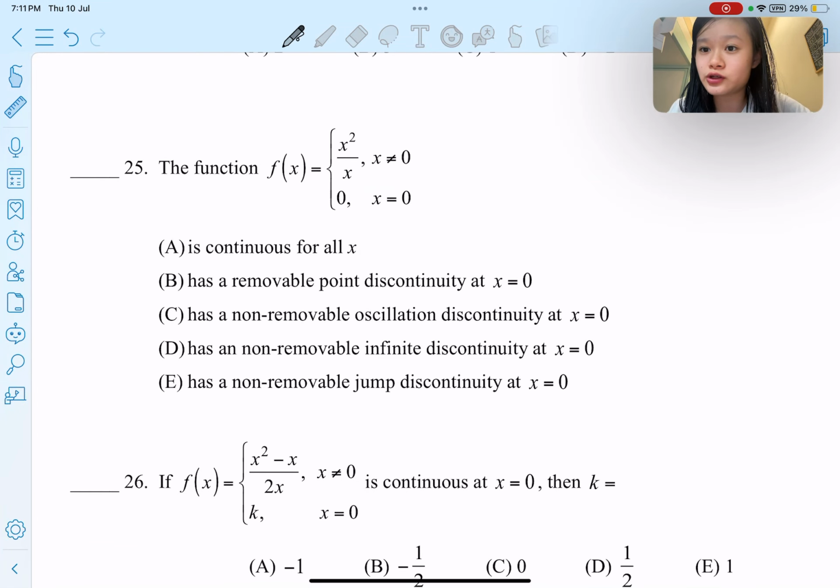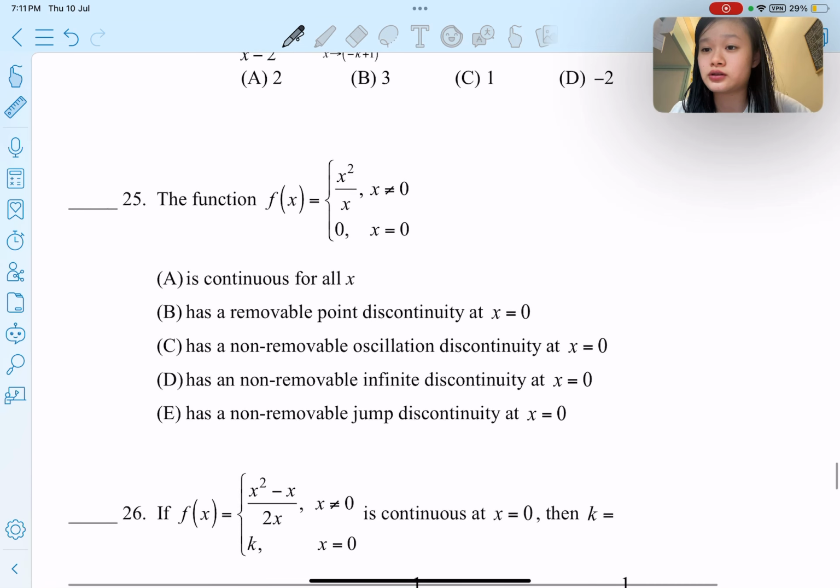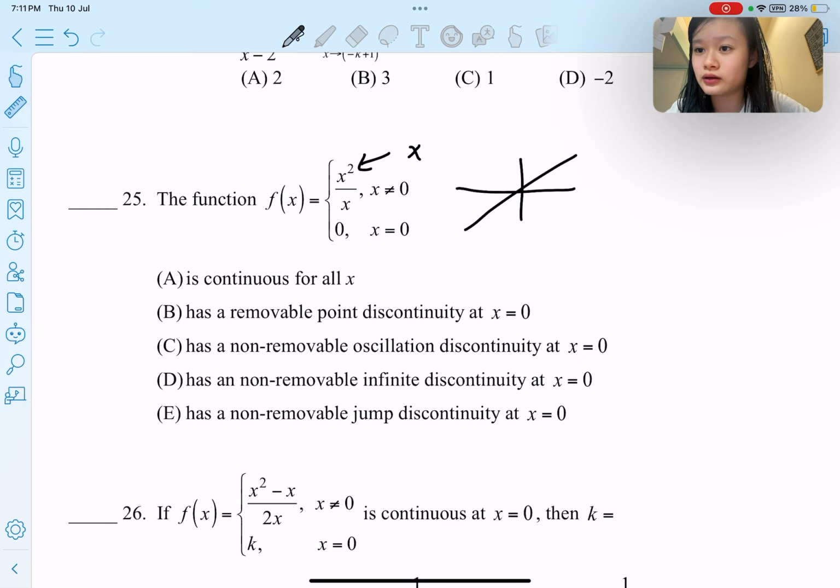Okay, 25. The function that is continuous. Since there are no absolute values or anything, you can simplify this to x. Remember, removable is a hole. Non-removable is a jump, oscillation or infinite.